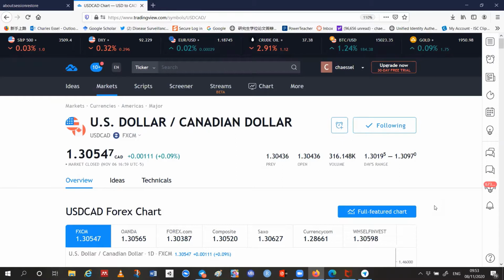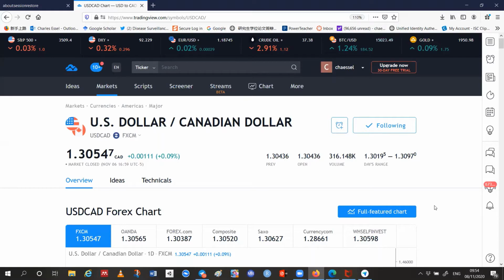So basically, Forex is the exchange where we trade on the Forex market, where different currencies are traded each day. It's over $5 trillion being traded on a daily basis.